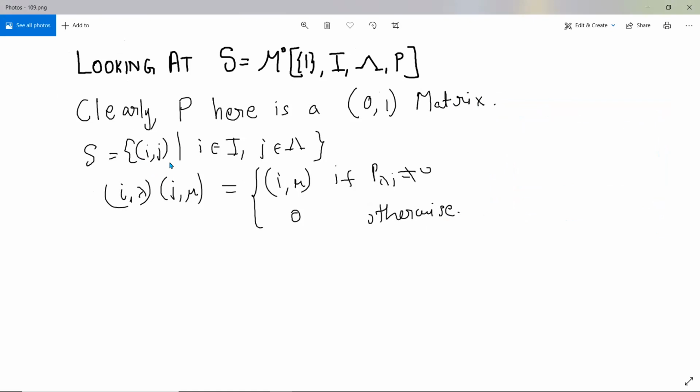So it can very well just be indexed by i comma j.